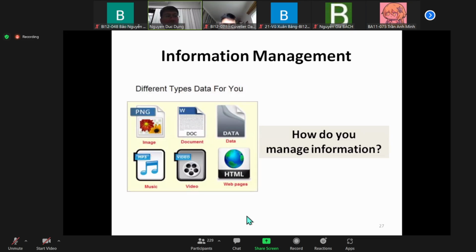Other advanced topics you will learn in other courses, for example basic programming. For ICT students, you will learn how to process images, how to write or develop a software or a program to process images, or how to process textual data. It means that we study further according to your field of study.